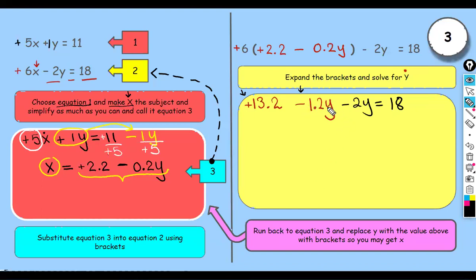So we're going to keep all the Y's and their pets on this side. We don't care about this positive 13.2. He's a zombie. Throw him across. When you throw across the zombie, the positive 13.2, you're going to get minus 13.2. Let's simplify each side now.